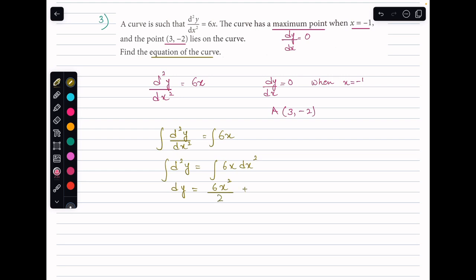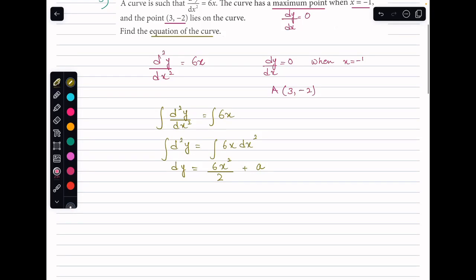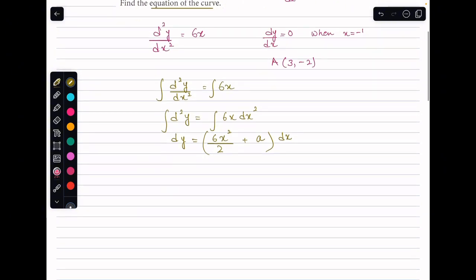Let's say this constant is a. Whenever we integrate, we have to add the constant, which is a in this case. Because it was d2y over dx squared, integrating once gives dy by dx, which then equals 3x squared plus a.